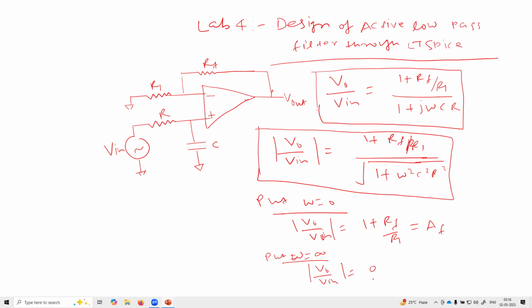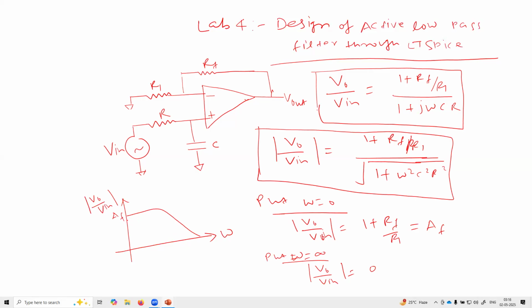Based on this, let us draw the response of this low pass filter. How will it look? This is omega, this is the gain. It will look something like this. Initially it will be constant, then it tends to 0. This value is AF.